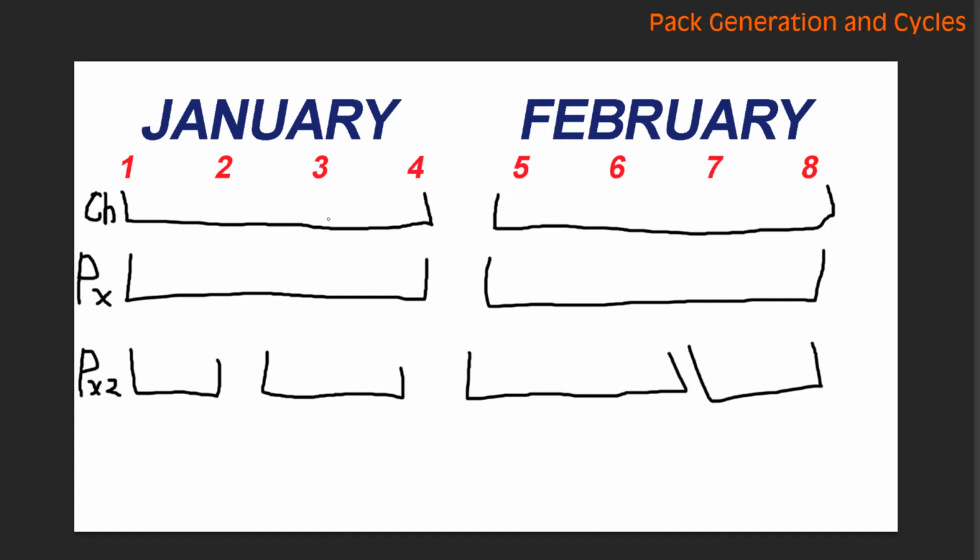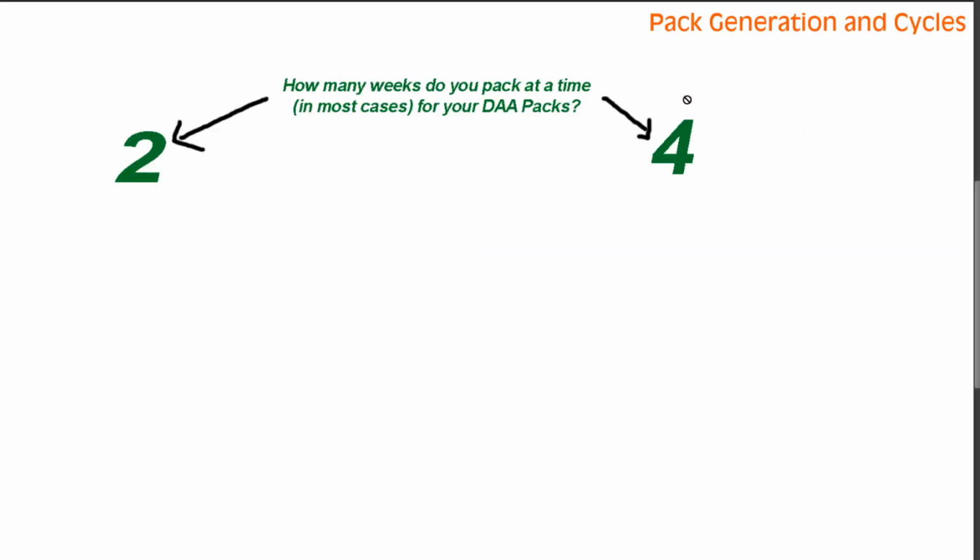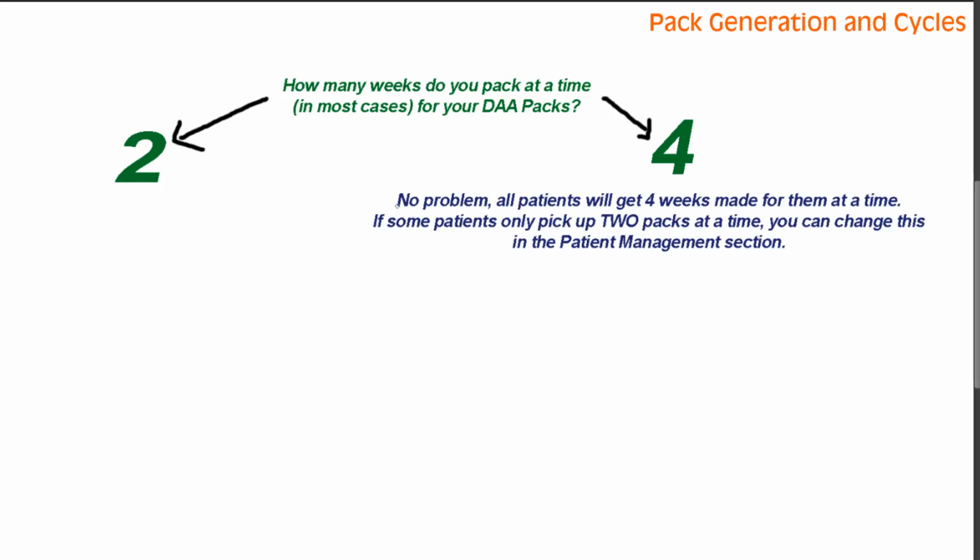But the important part is 4 weeks has been created at one time. So this is one option here for the pharmacy. That's why this here is the easiest option. With this, no problem at all, patients will get 4 weeks made for them at a time.